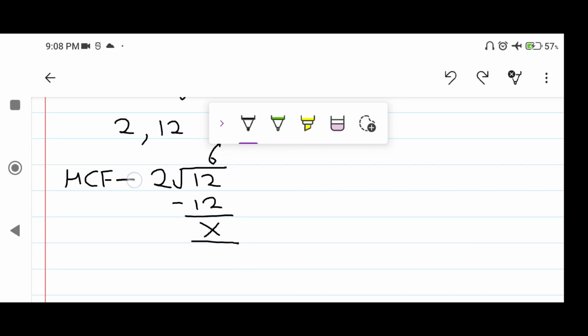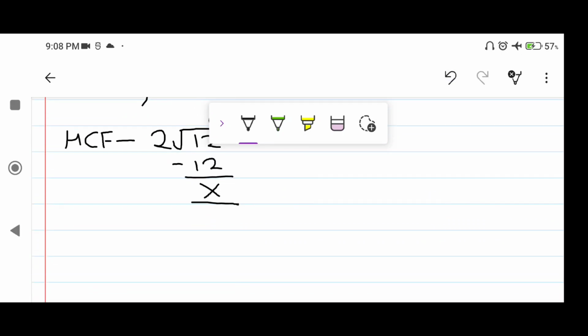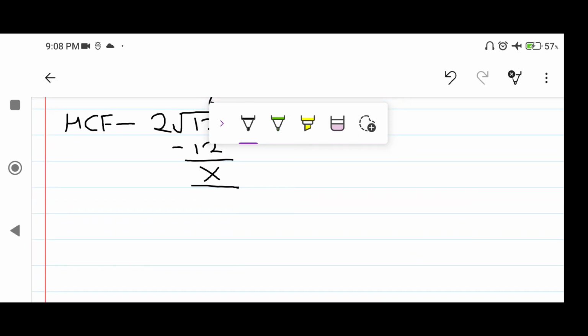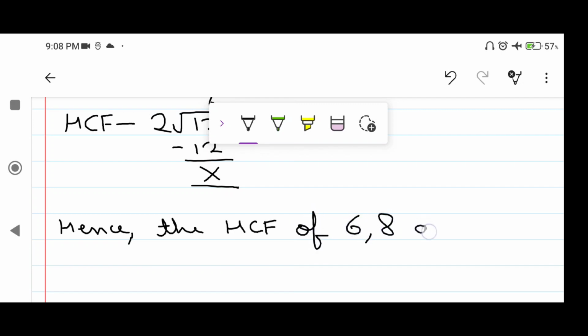So the final HCF is number 2. Hence the HCF of 6, 8 and 12 is 2.